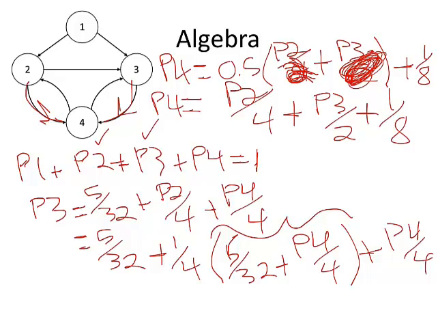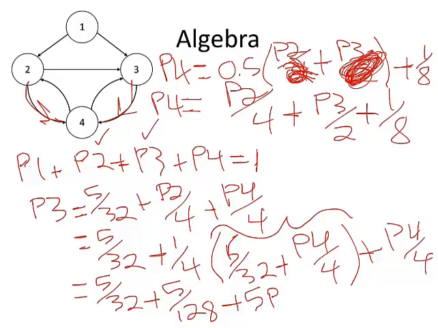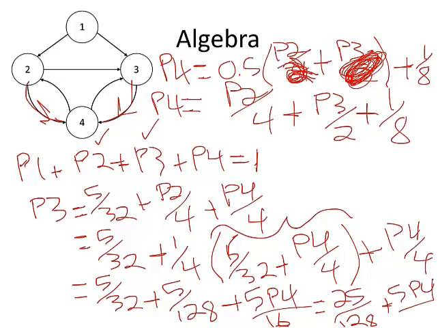And so, if we simplify this out, we get 5 over 32 plus 5 over 128, which is 32 times 4, plus P4 over 16 plus P4 over 4, which is 5 P4 over 16, which is 25 over 128 plus 5 P4 over 16.